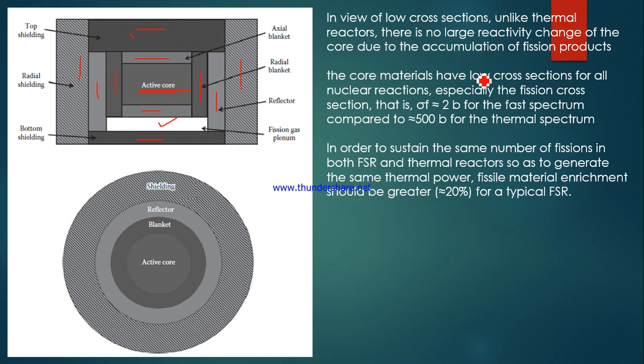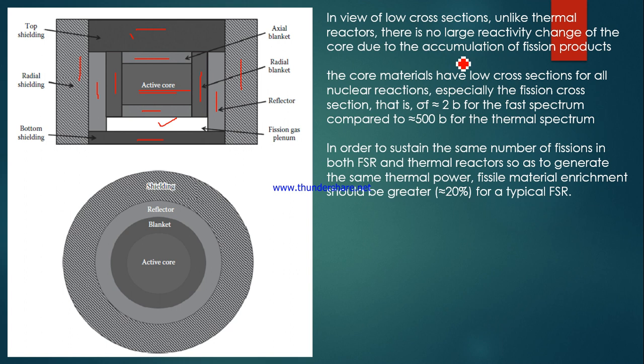So if you see the cross section of a fast reactor, unlike light water or thermal reactors, the cross section of a fast reactor is quite low. So there is no large reactivity change of the core due to accumulation of fission products, because the cross section is low.